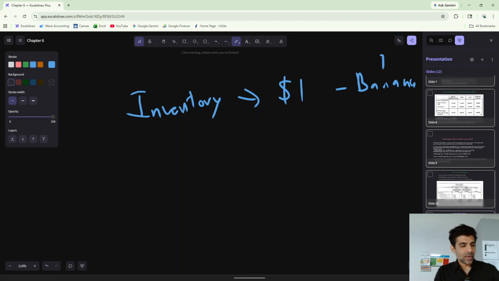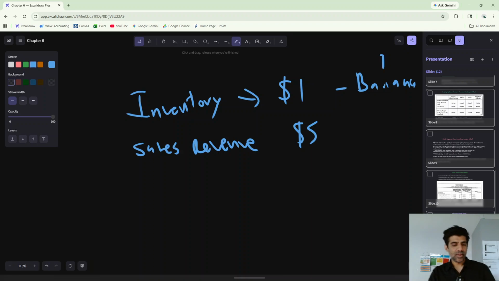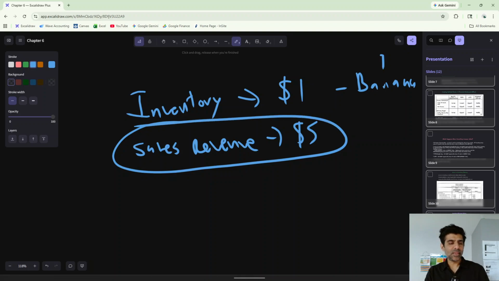Now the sales revenue, that's going to be the driver for my gross margin. So if I sold this, sales revenue $5. This is the important thing for calculating the gross margin.